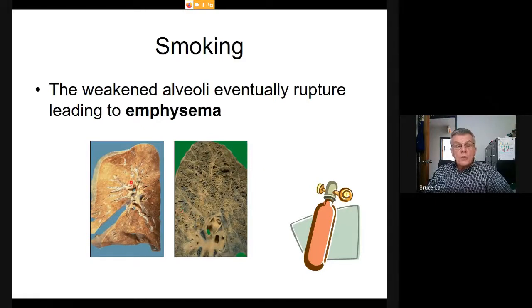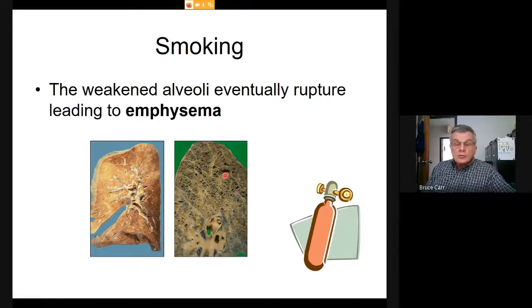And what you want to compare here, this goes back to our definition of compliance. You see in the healthy lung on the left, the literally countless numbers of very, very tiny air sacs out here in the lungs. Whereas what are we developing here? Larger and larger holes. As the walls of those alveoli break down, you lose surface area. It's easier to fill that big cavity than it is to draw air into the small alveoli.